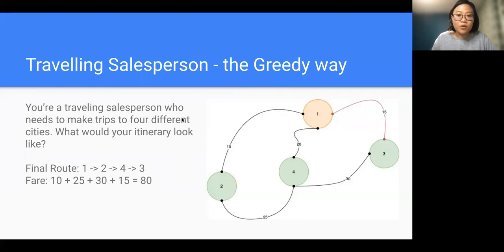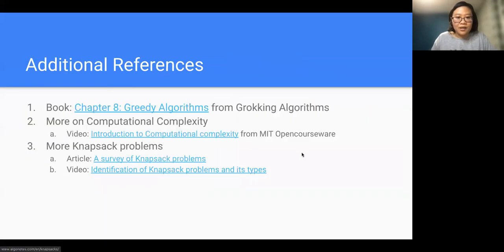Now you can learn more about this problem if you search the term nearest neighbors. There are a lot of problems that look like this, where you choose the nearest neighbor to make a decision. I linked some references here so that you can read more about this stuff.